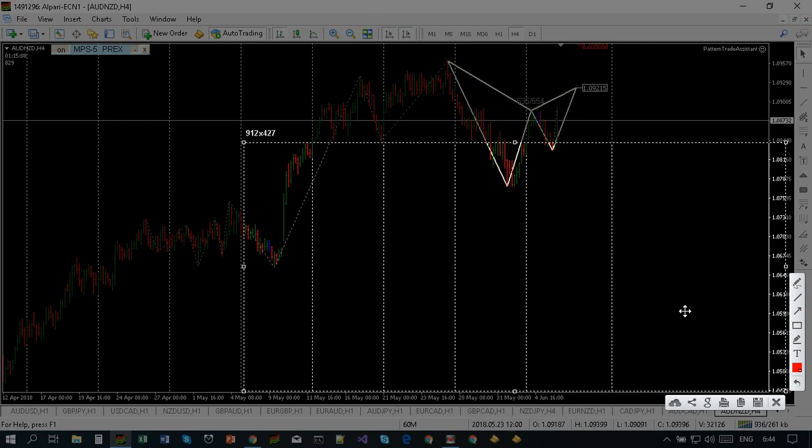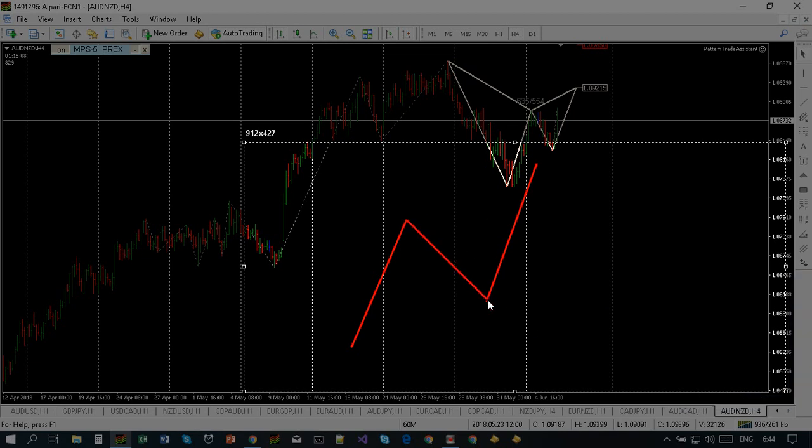These two guys were describing the phenomenon that if one leg of the market is of this size, most likely the second leg will be the same size. And it is true for correction. If one correction is of this size, most likely the second correction will be the same size. That's why it is called one-to-one correction or one-to-one impulse. Bryce Gilmer calls the one-to-one impulse a double drive, and one-to-one correction is a correction as well.